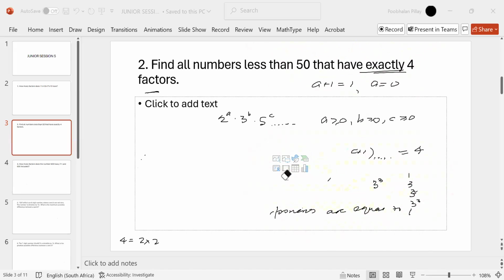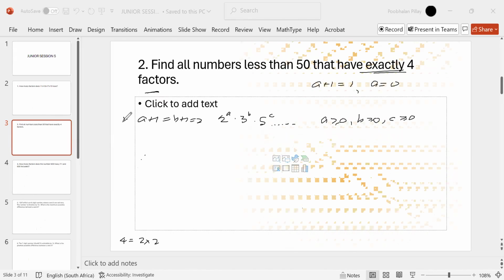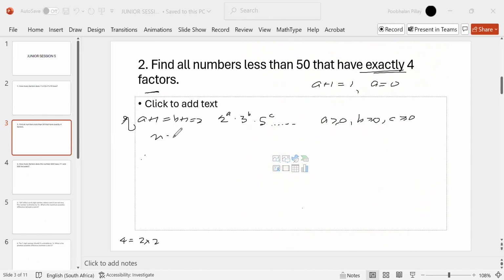So 2 times 3 will have 4 factors. But it doesn't really matter which prime bases you've got. So all we can say is that the numbers here are of the form, for A plus 1 equals B plus 1 equals 2, N is equal to P times Q, where P and Q are prime numbers.